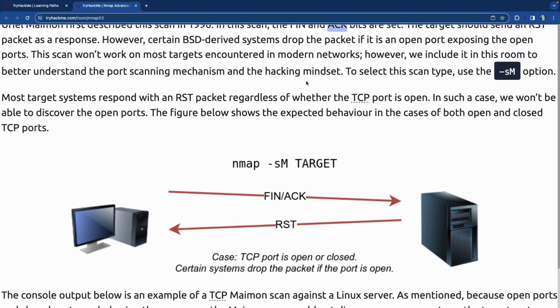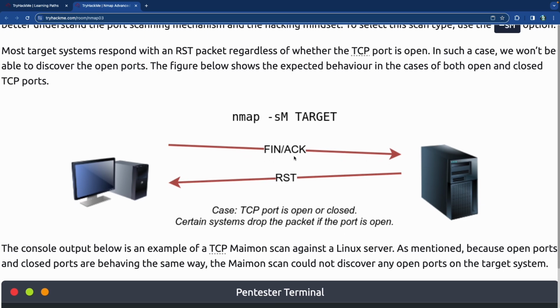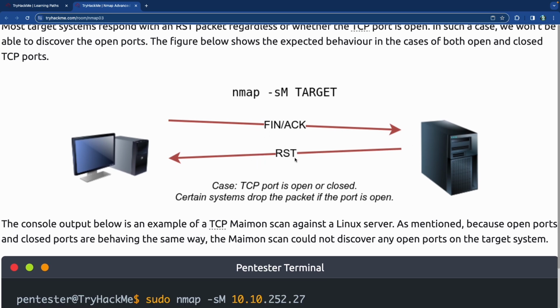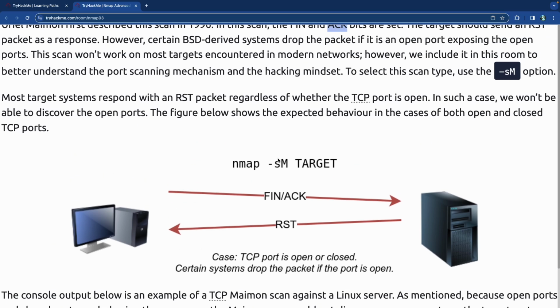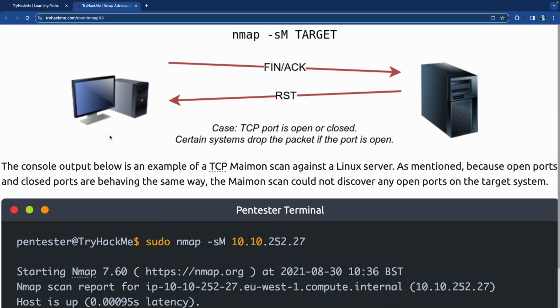So to run this, it's going to be -sM, so lowercase s, uppercase M. It'll send the FIN and ACK packets together, and the target should send an RST, meaning that it's closed. However, if it doesn't send the RST and drops the packet, it implies that it's open.